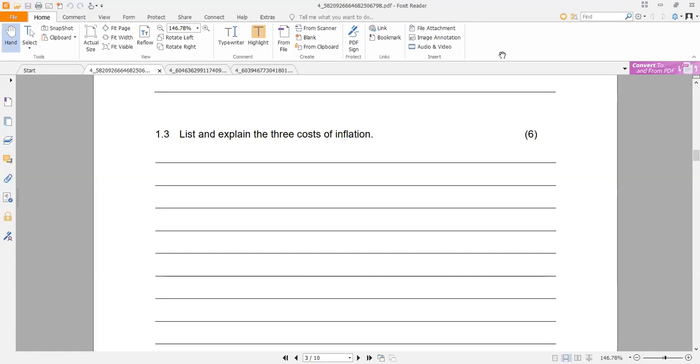Someone to explain the erosion of the purchasing power of money. What does that imply to us generally? Are you still there, guys?